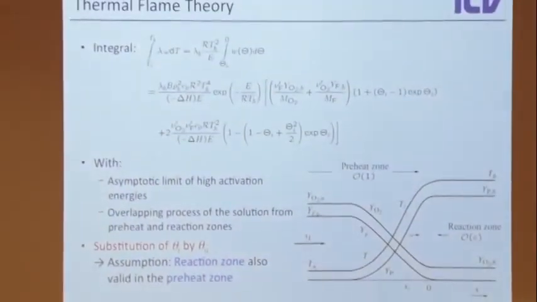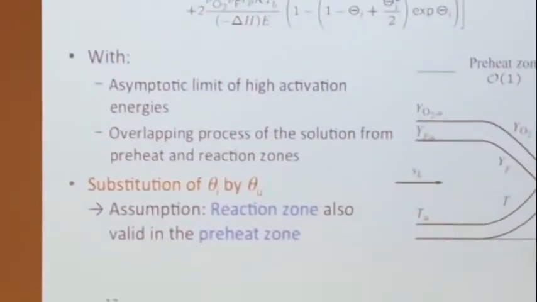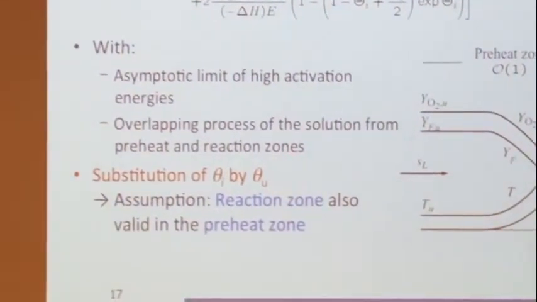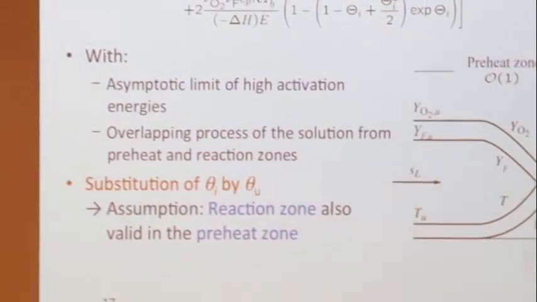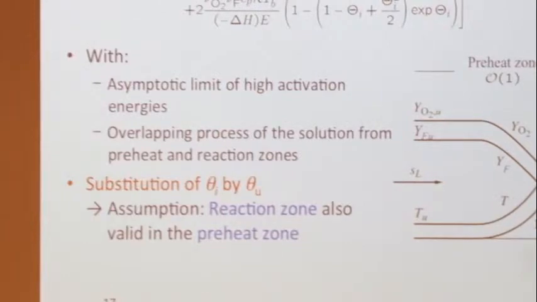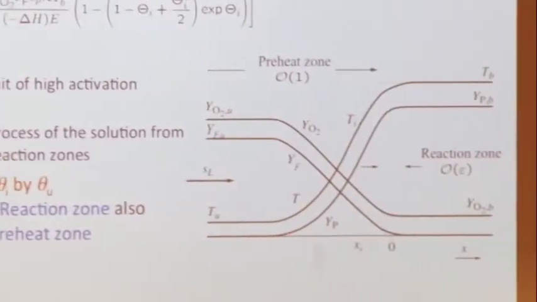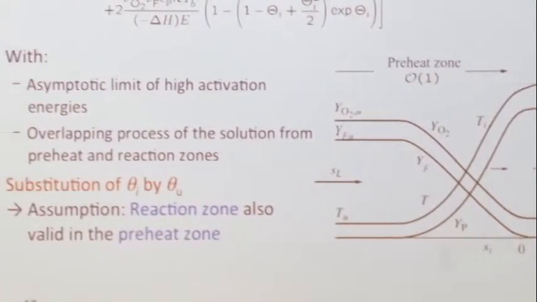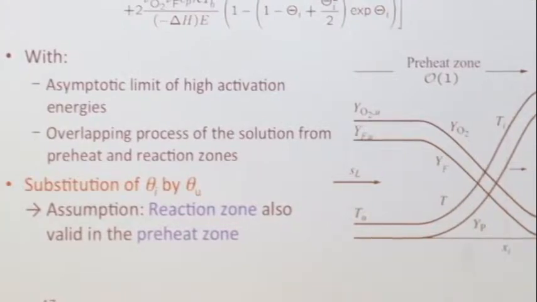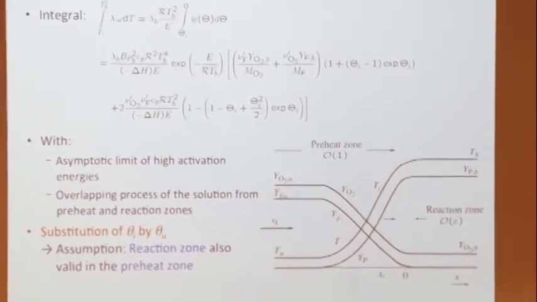So here we're making a few more assumptions. First of all, again, we're talking about the limit of high activation energy. First of all, we replace theta_i by theta_u. Why can we replace theta_i by theta_u?